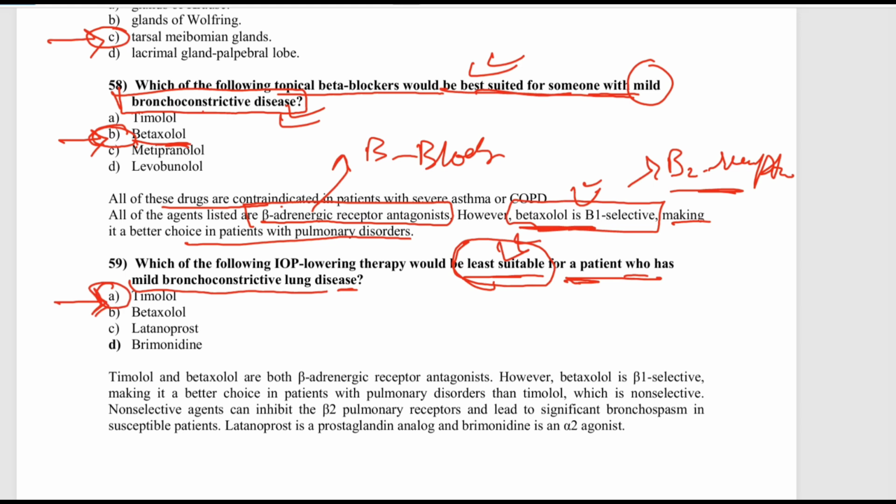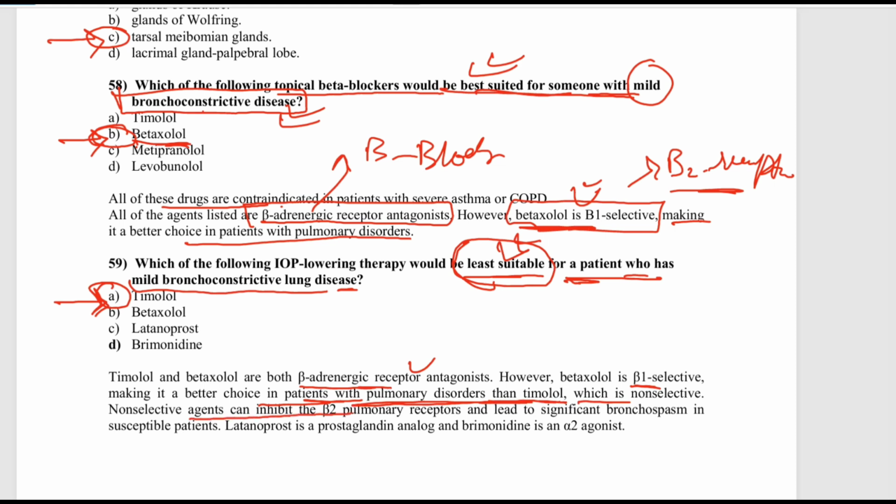Because it is a beta blocker. Betaxolol, I have already told you, is a selective beta 1 blocker, so it can be used, and the other drugs can also be used. Timolol and betaxolol are both beta blockers. However, betaxolol is beta 1 selective, making it a better choice in pulmonary disorders, while timolol is non-selective.